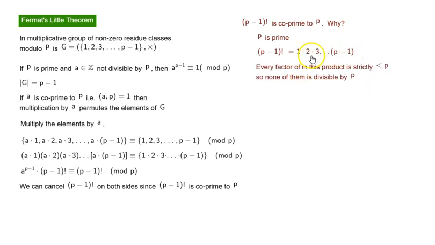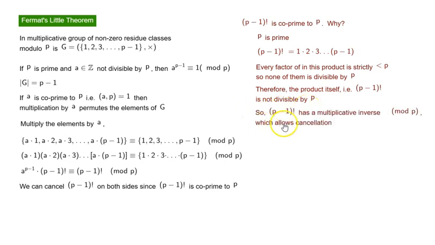Every factor of this product is strictly less than P, so none of them is divisible by P. Therefore, the product itself, that is P minus 1 factorial, is not divisible by P. So P minus 1 factorial has a multiplicative inverse mod P, which allows cancellation.